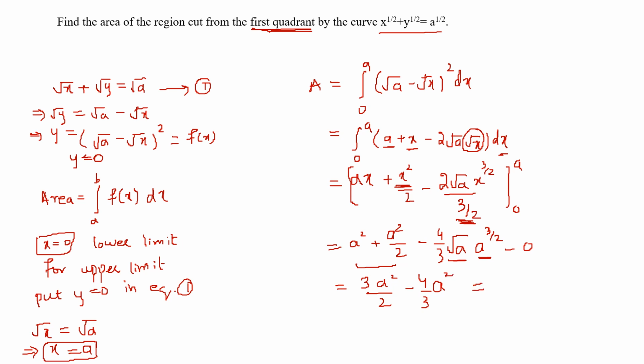So taking the LCM, first take a squared common, and we have 9 minus 8 divided by 6. So the area is given by a squared, 9 minus 8 is 1. So the area of the region that is cut from the first quadrant by this curve is a squared by 6 units.